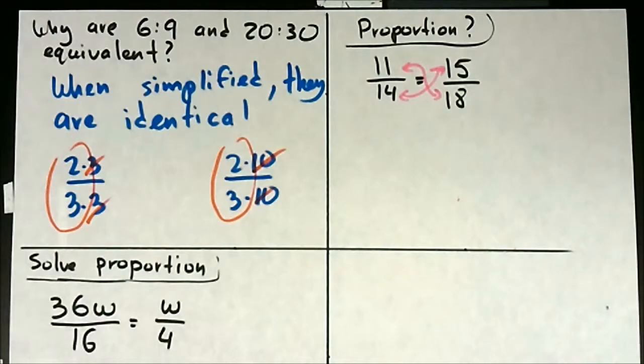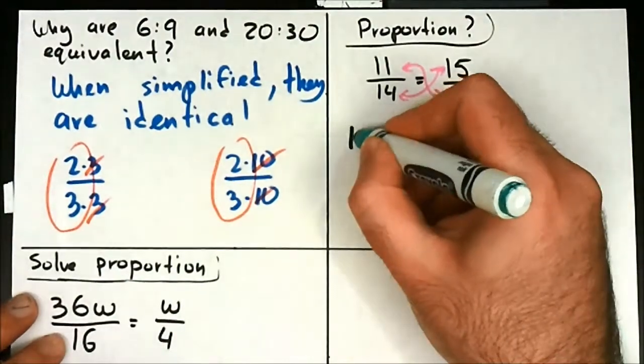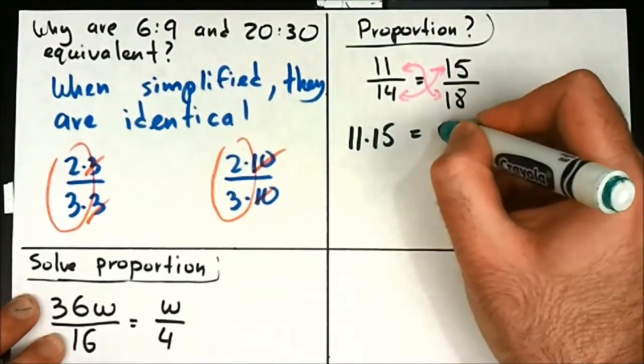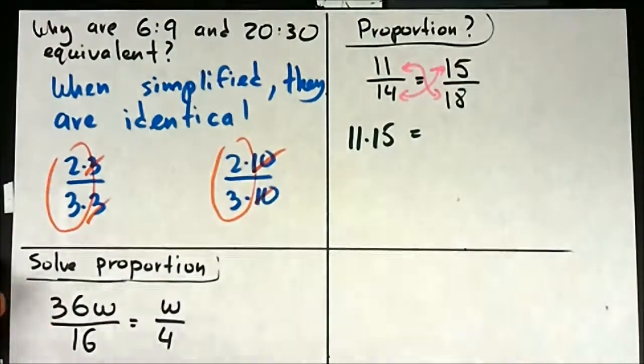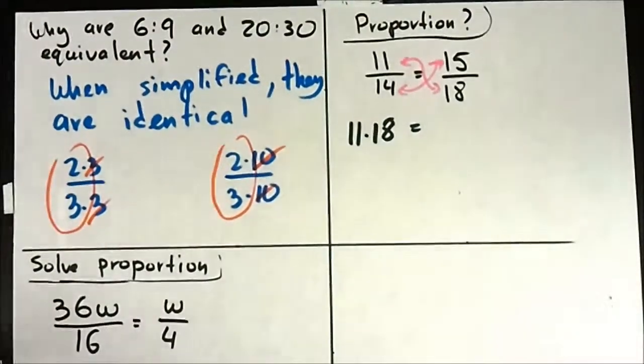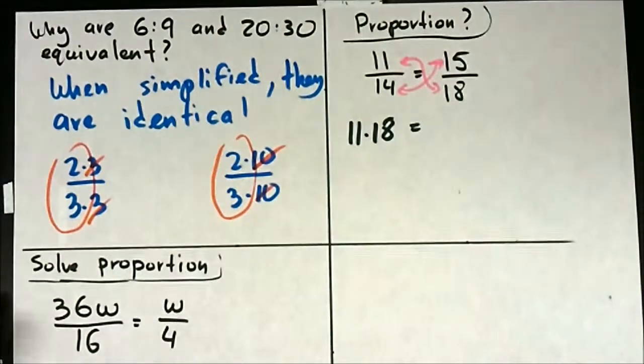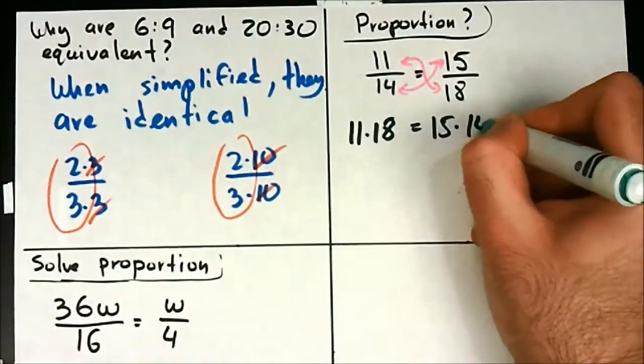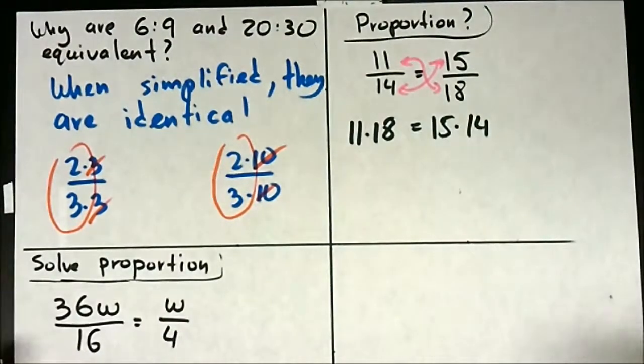Let's go ahead and write our cross products. So our cross products in this case are 11 and 15. And I made a mistake. 11 and 18. And 15 and 14. That looks about right. So top left, bottom right, bottom left, top right.